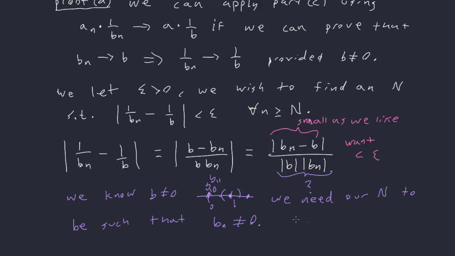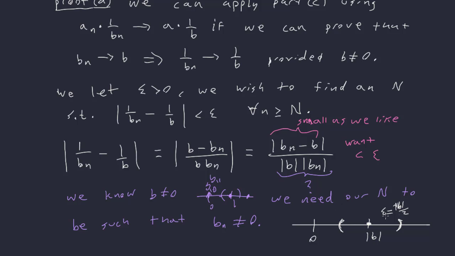So if we think about the number line here, let's say this is 0, and this is the absolute value of b. That's what I actually have here. So if I choose epsilon, say here, if I choose epsilon to be half the distance between b and 0, so the absolute value of b over 2.